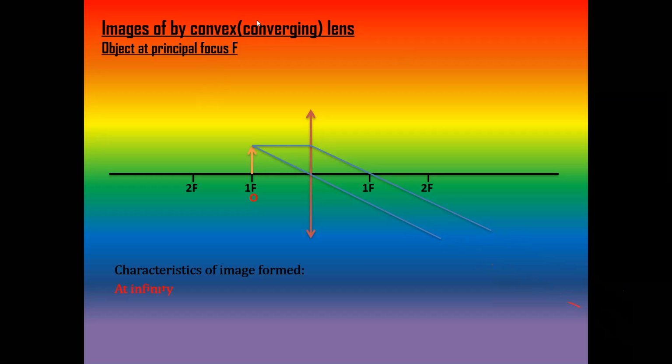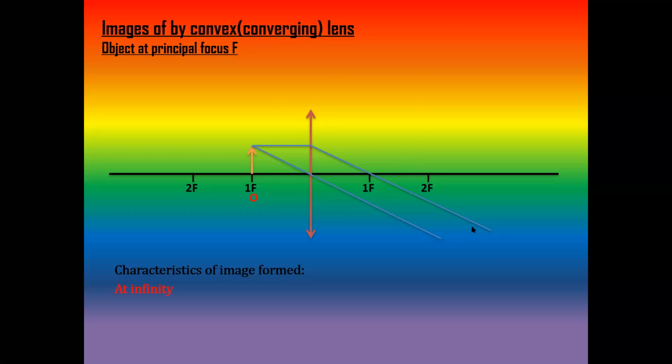The term infinity means not at a finite distance. It will form at an infinite distance. It means the two light rays will intersect, but I cannot use a notebook to show that intersection because that's far away from the lens. So this will be a real image, but formed at infinity, far away from the lens. The image will be real because it is formed by the intersection of the lines.